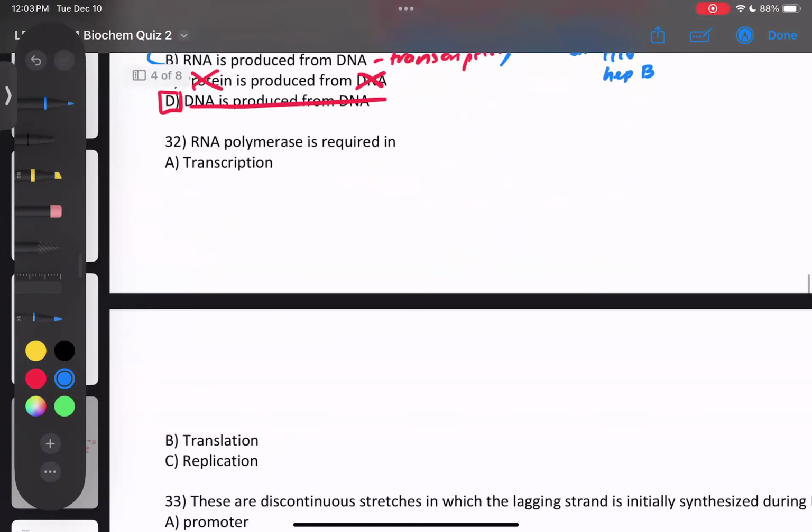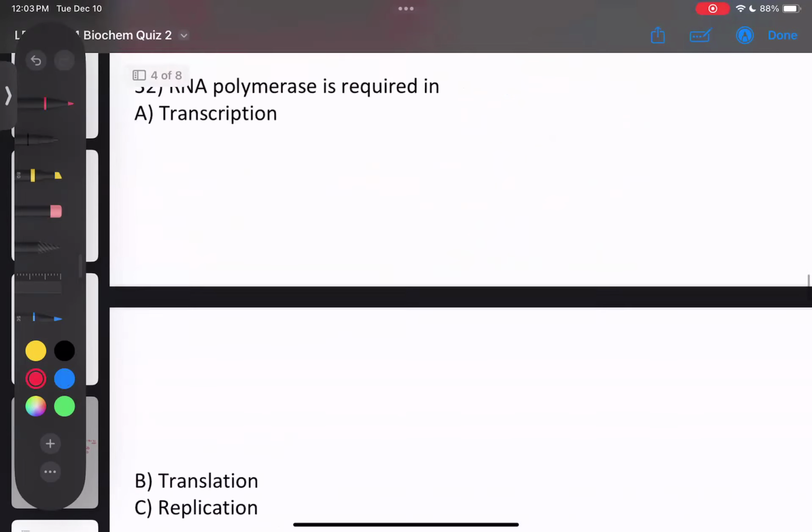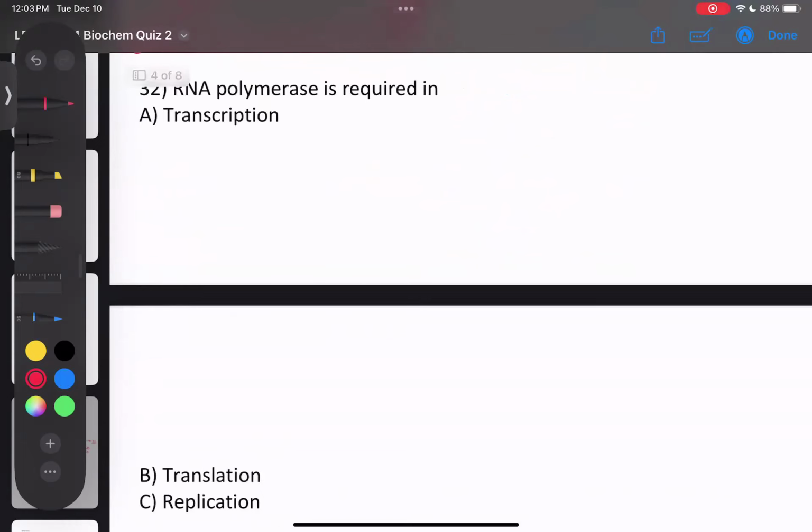32, RNA polymerase. The word is already giving you a very, not subtle, very strong, obvious hint. This guy wants to make RNA. What is the process of RNA synthesis called? Transcription, right? So that would be letter A. Translation, DNA is not made in translation. It should be something like, even I sometimes get this wrong, protein synthesis, right?